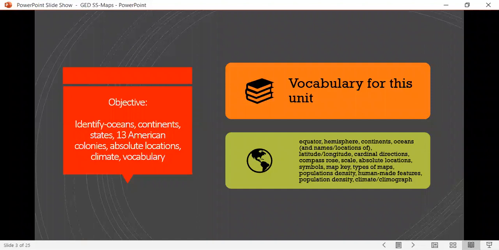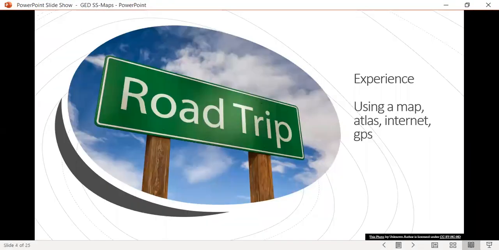The equator, the hemisphere, continents, being able to list and know where they are, the continents, the oceans, what latitude and longitude are, how to find and read cardinal directions, the compass rose, scale, absolute locations, symbols, the map key, different types of maps such as physical versus political, and population density. Also, we're going to be looking at human-made features, climate, and climographs.